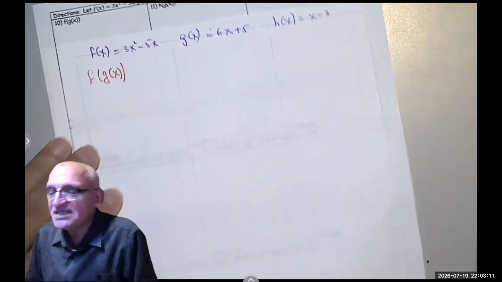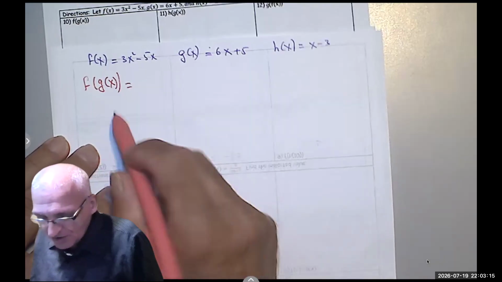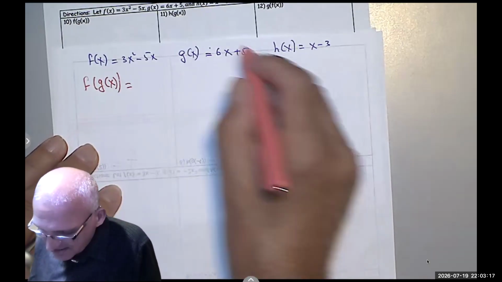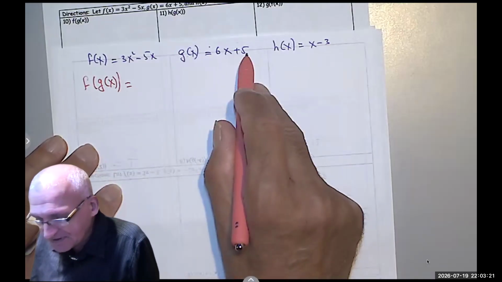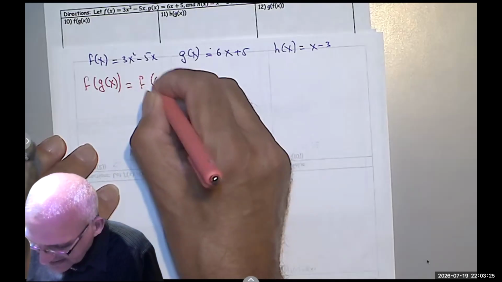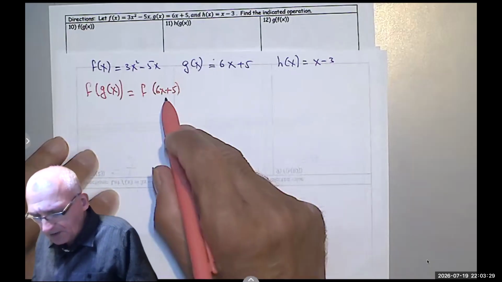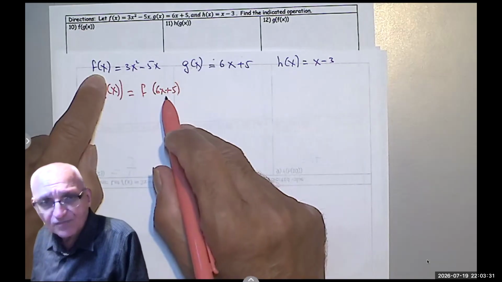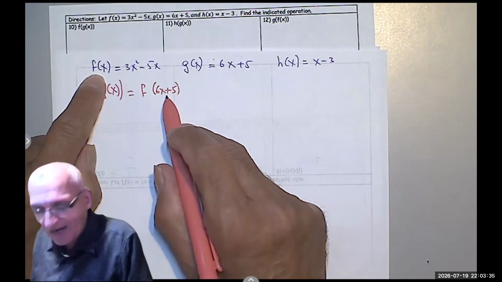It means you are going to say, here is g of x. So instead of g of x, I'm going to write 6x plus 5. So this is as if I'm saying f of 6x plus 5. Oh, now I'm confused. You shouldn't be. Why?